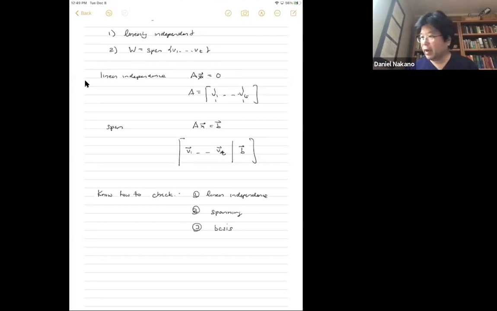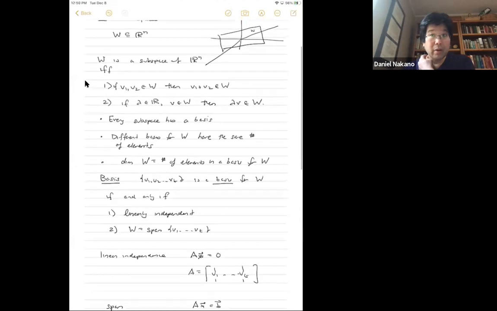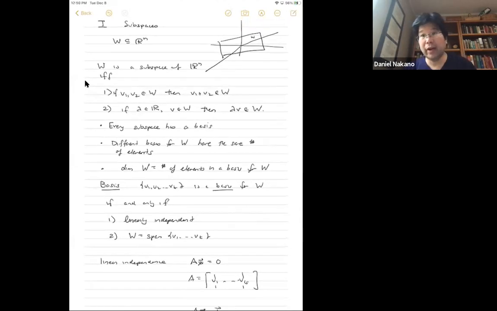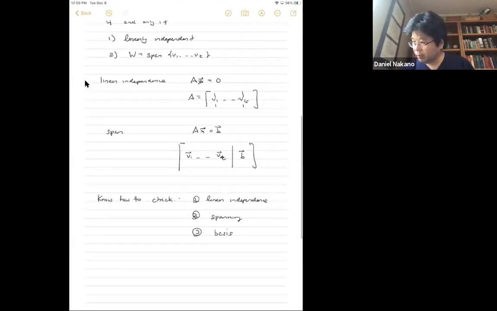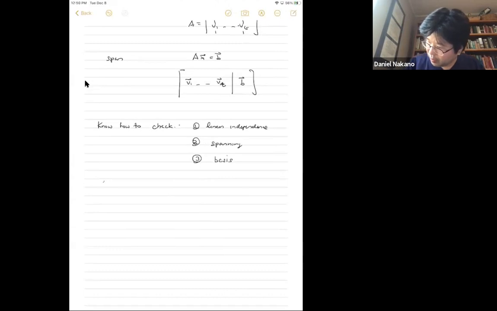All right, now there are certain subspaces that came up very naturally, and I just want to review a little bit how to compute those. Okay, so let me call this specific subspaces.